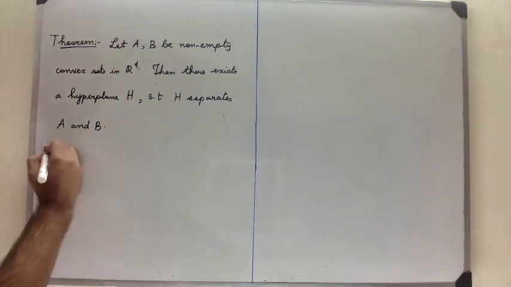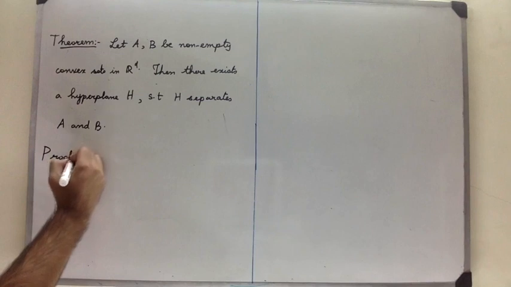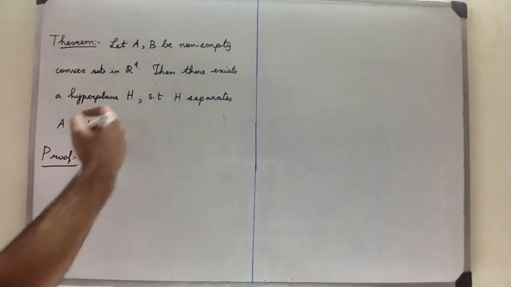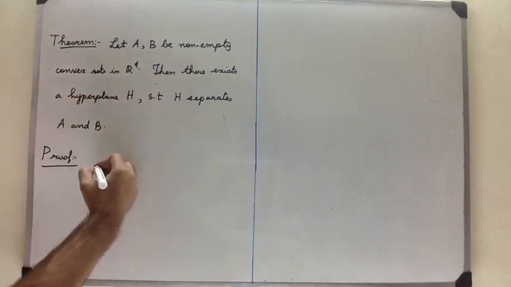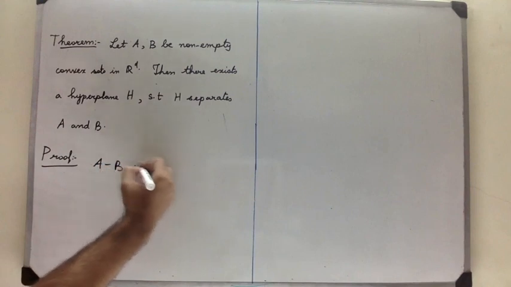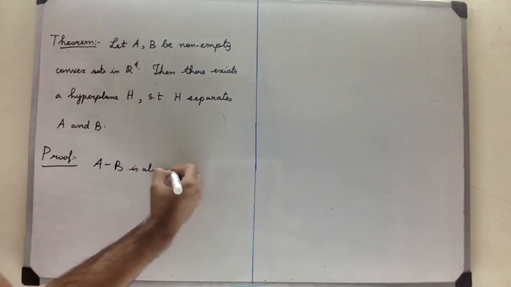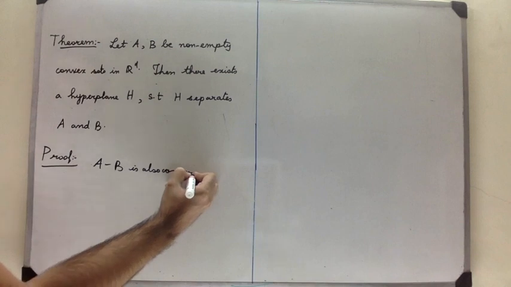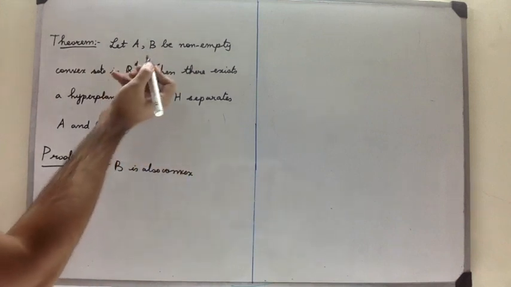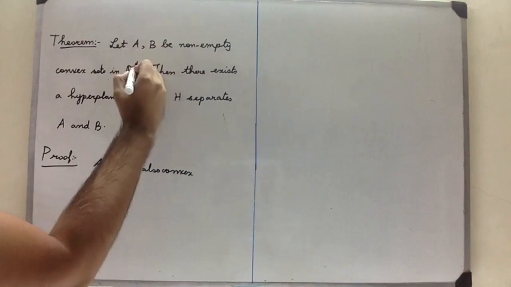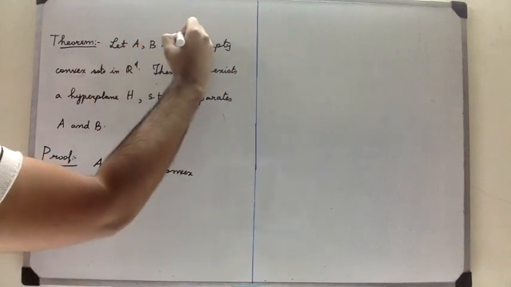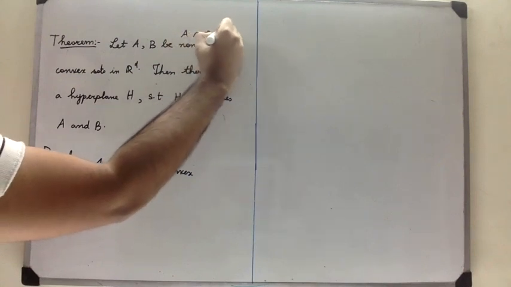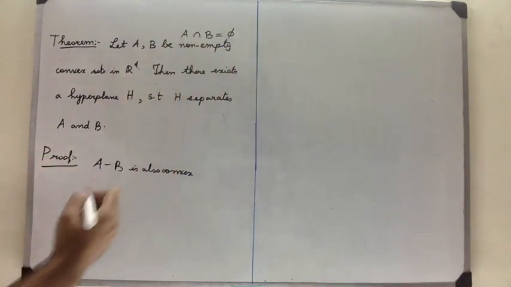We'll now prove this. So here it's mentioned that A and B are both convex. Then the Minkowski difference is also convex. Here I left an important condition, that is, A and B are two non-empty convex sets, and A intersection B is null. That is, they don't intersect.